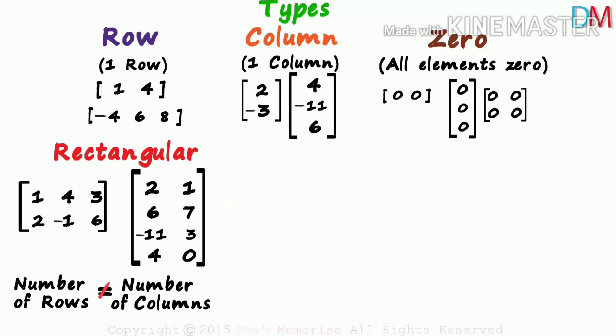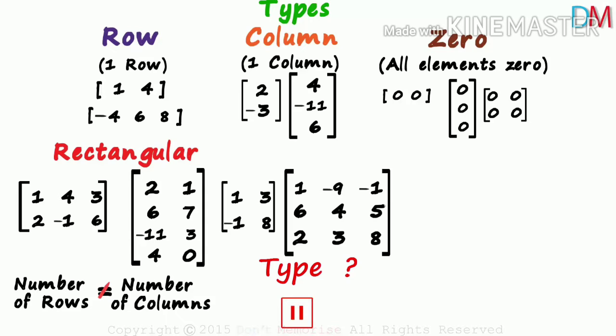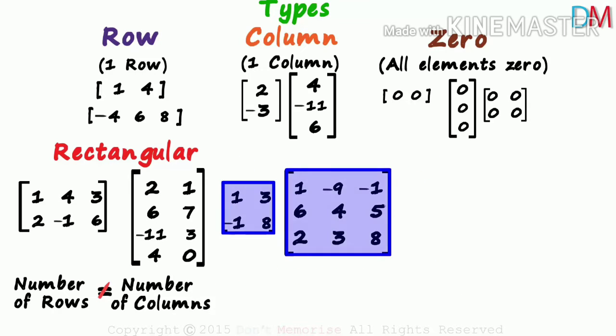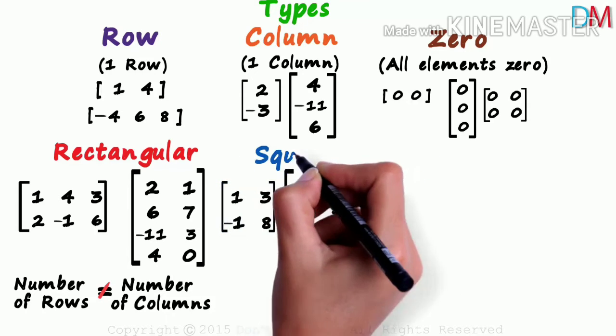Now I will give you 2 more matrices and you will tell me the type. There you go. To answer, just ask yourself one simple question. Which two-dimensional shape will cover these two matrices? Yes, it will be a square. These are called square matrices.